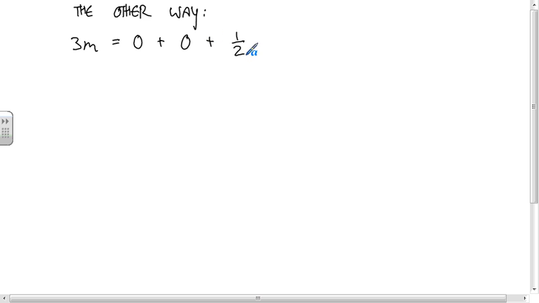Okay, so what's position final? Yeah, 3 meters. So 3 meters is equal to, what's position initial? 0 plus 0 times time final plus 1/2 times the acceleration, 24 meters per second squared, times time final squared.